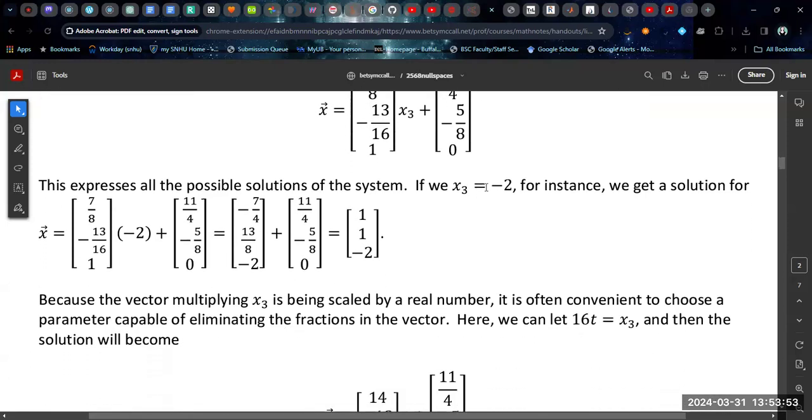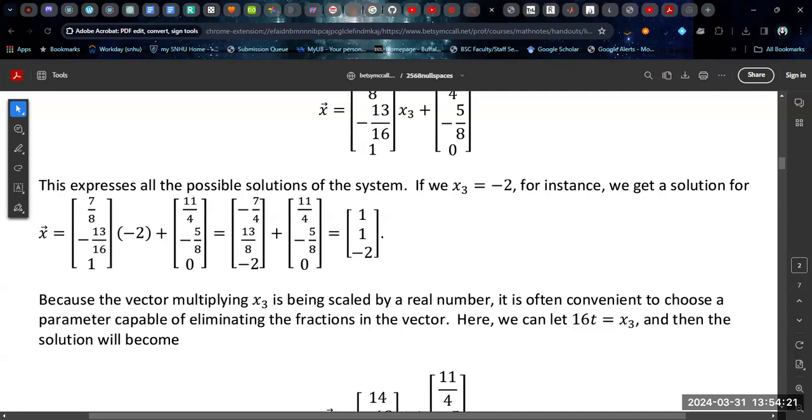So here, if I let x3 equal to -2, then multiplying here, I get this vector. I just add the constants. Again, I'm not multiplying the whole thing by -2, just the first component where the x3 is. And if I add these together, then I end up with this as my solution.